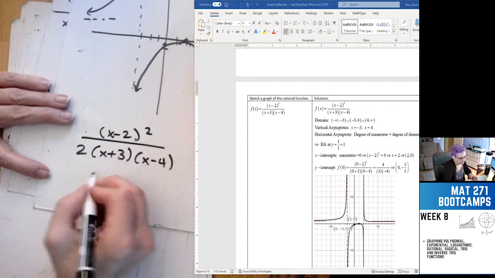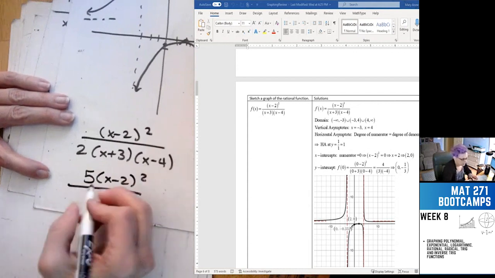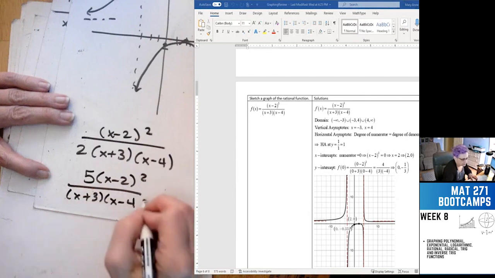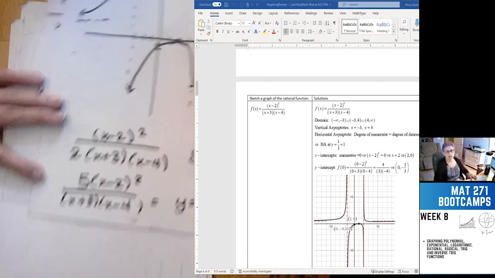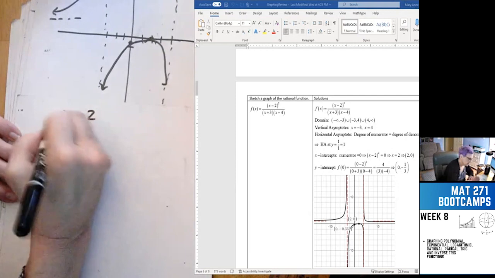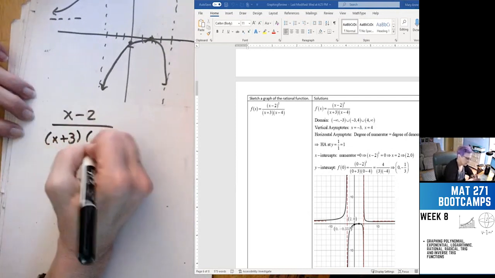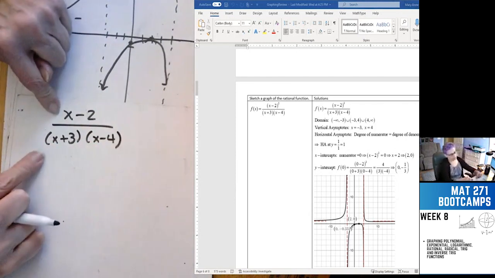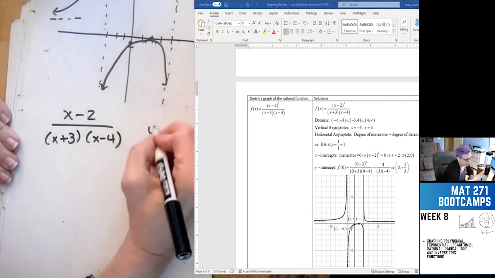If you had 5 times x minus 2 squared over x plus 3 times x minus 4, then your horizontal asymptote would be 5. If you had x minus 2 sitting on top of x plus 3 times x minus 4, then you would have degree 1 on top, degree 2 on bottom.